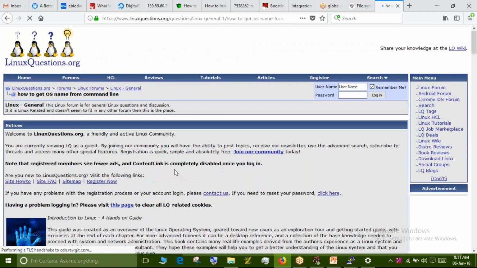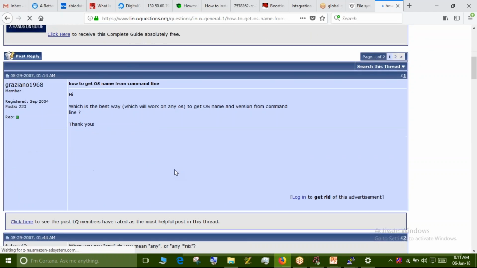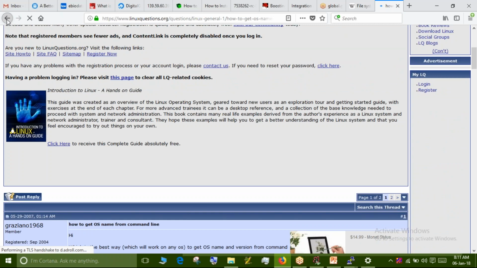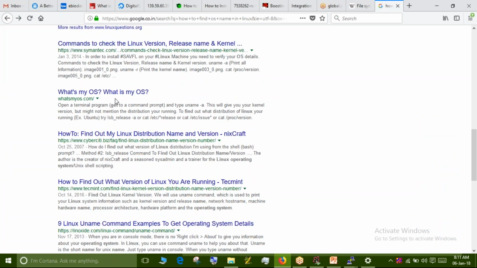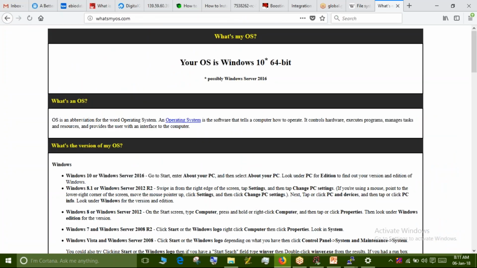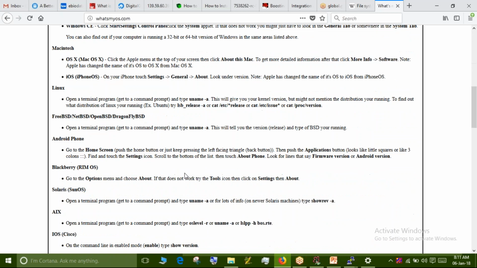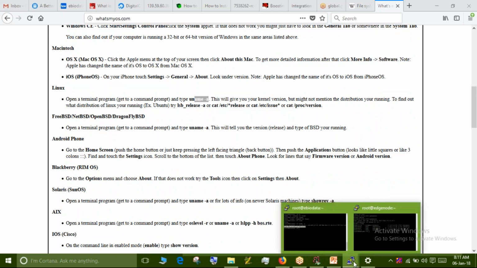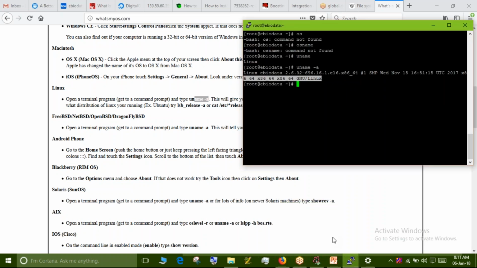So uname -a, it is saying something. Or you can go to the /etc directory, or see the configuration file. Oh, lsb_release -a, yeah.